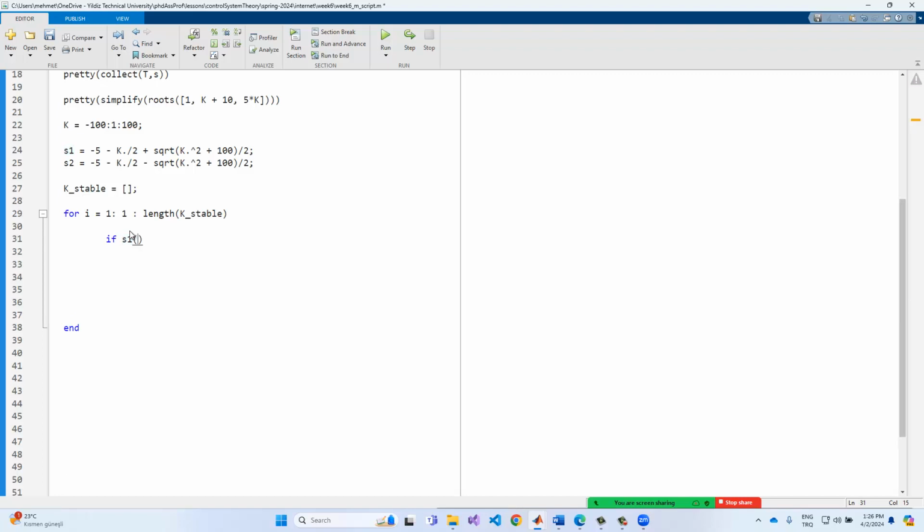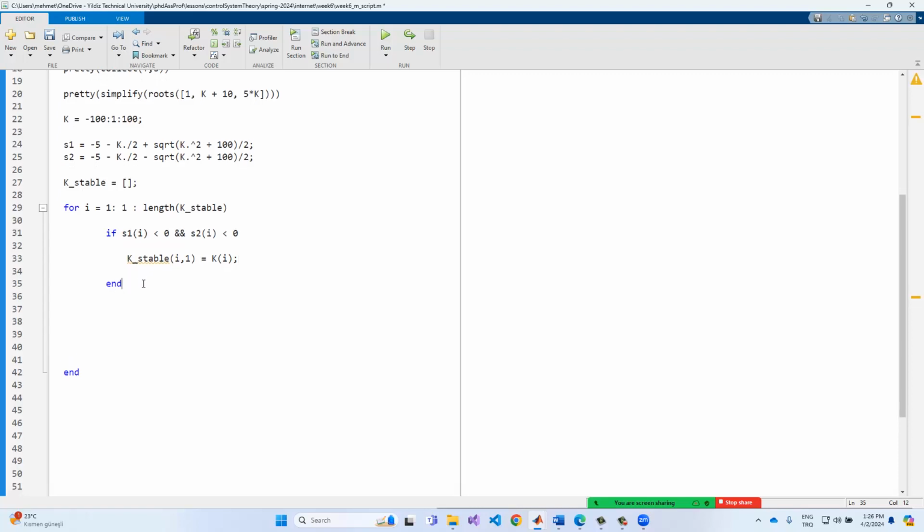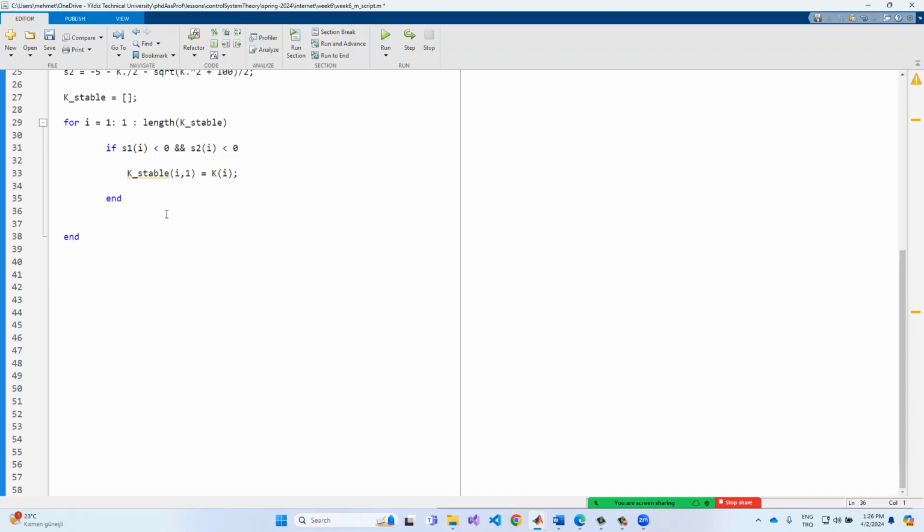If S1(i) is smaller than 0 and S2(i) is smaller than 0, which is our stability condition, right? And k stable value (i) is assigned with k(i), right? This is the stable k, and so we put this stable k into the k stable array, right?